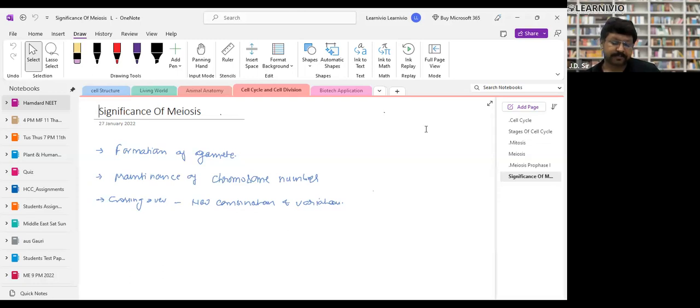Next point: meiosis maintains a fixed number of chromosomes in sexually reproducing organisms.